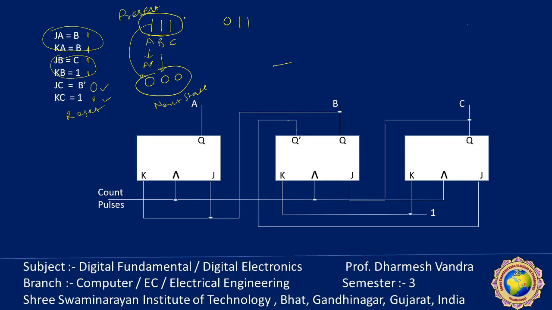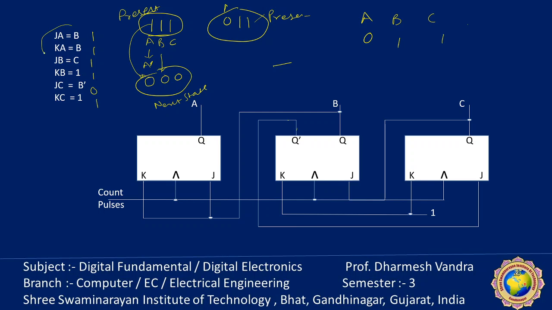And the circuit will again continue counting. Now let's see the second case. If the present state is 0 1 1, so A, B, C is 0 1 1. B is equal to 1, C is equal to 1, B dash. Both are 1 1, so it is the complement A dash.